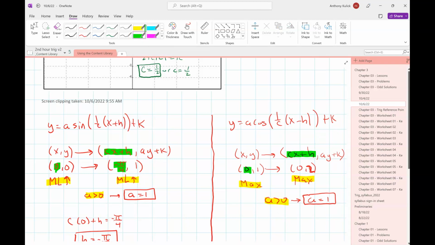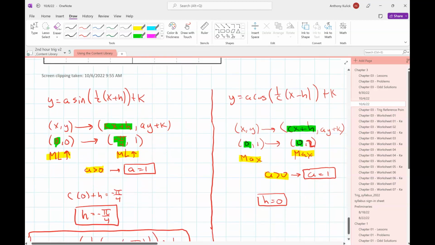Plug that into there. That gives me H, which has to be 0. As long as the x-coordinate here is a 0, that's always going to be our H.